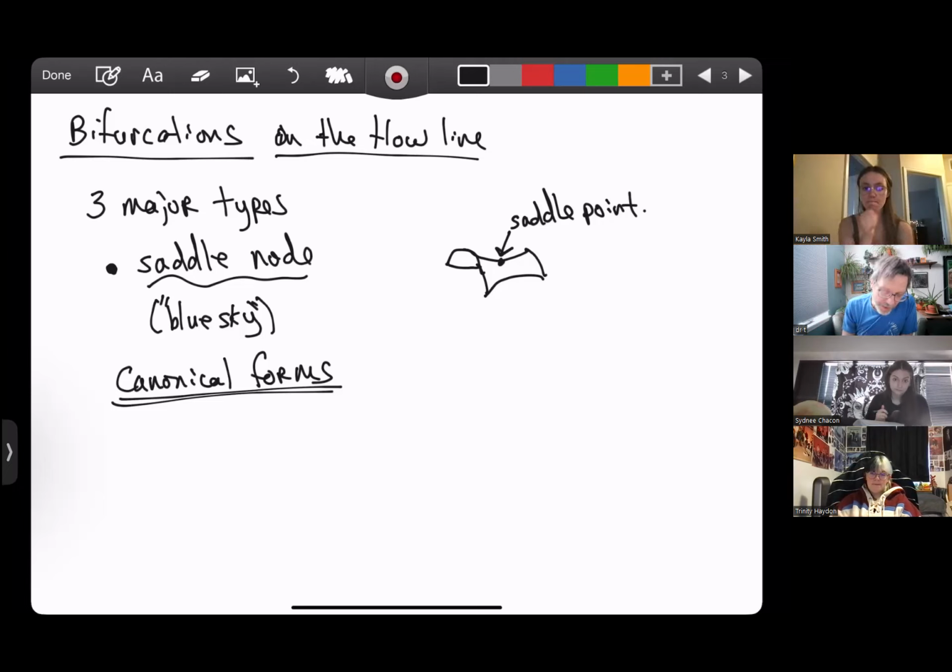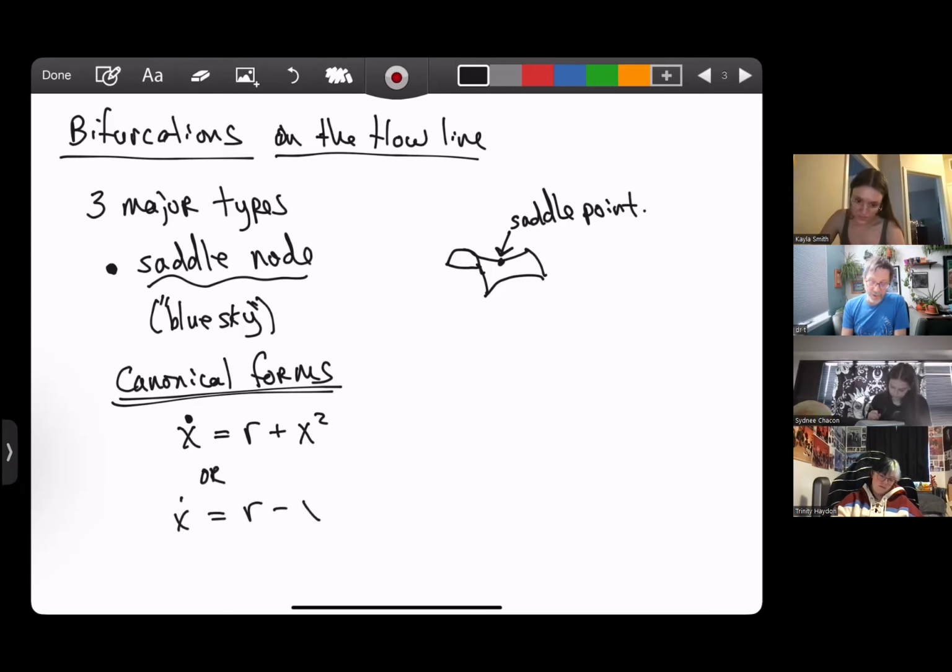So canonical form. First off, we've just got x dot equals r plus x squared. This is one kind. r can be positive or negative, but we could also have x dot equals r minus x squared. And those will give us the different flavors of saddle point.